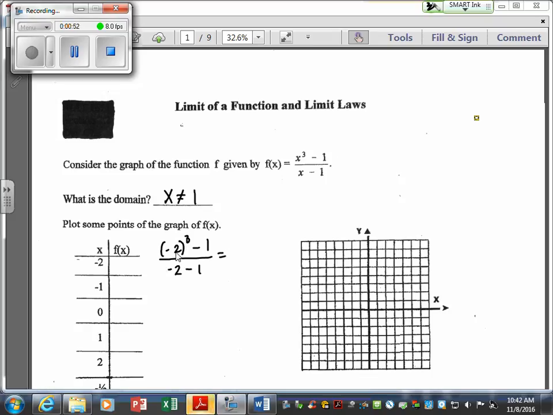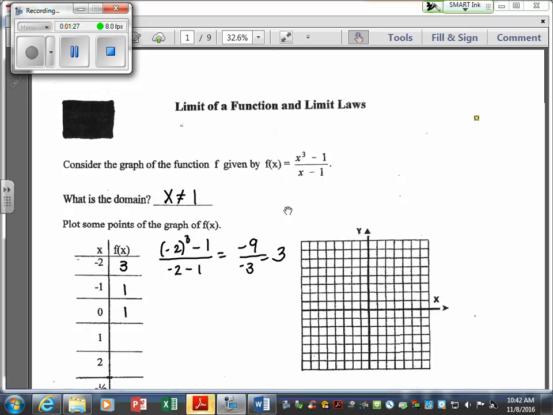We simplify that: -2 cubed is -8, minus 1, so what do we have? -9 divided by -3, which simplifies to 3. We could do the same thing: if I plug -1 in here and simplify, we would just get 1. If I plugged in 0, 0 is real easy: 0 minus 1 is -1, over -1, so -1 divided by -1 is 1.